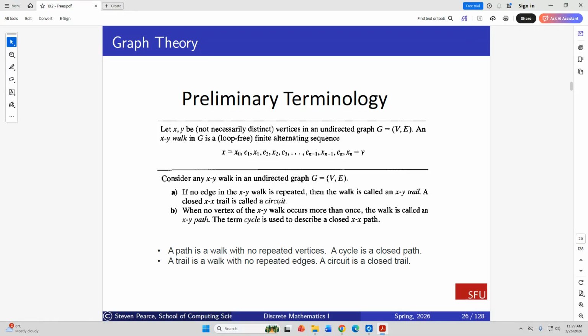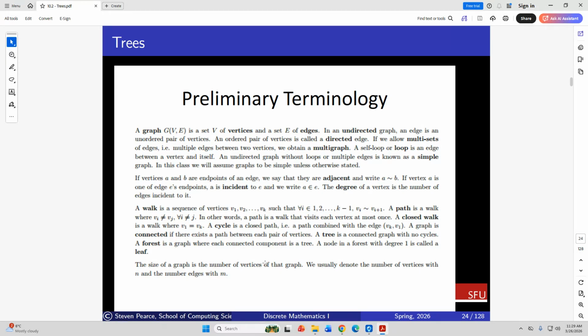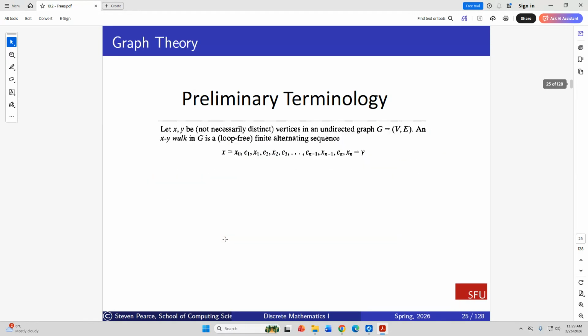So we have this idea of a circuit now, and we talked here of a cycle. Where did we find that? So we talked about a cycle already. A closed walk is a walk where V1 equals Vk. A cycle is a closed path, one where the first and last vertices are connected by an edge. So that's a cycle.